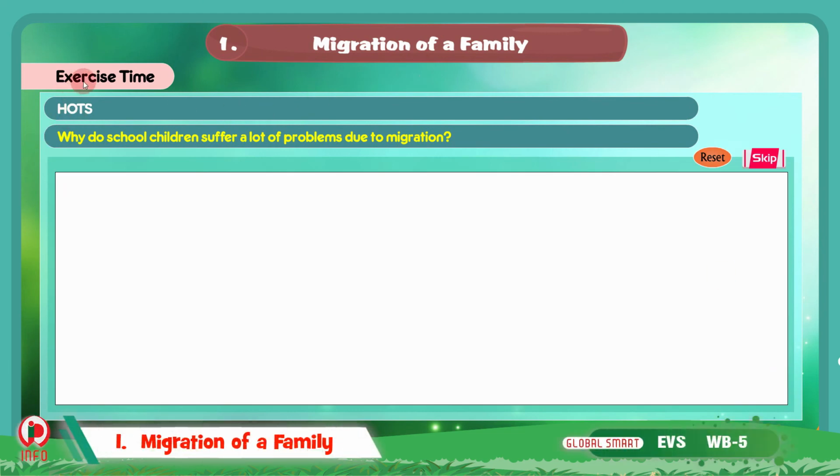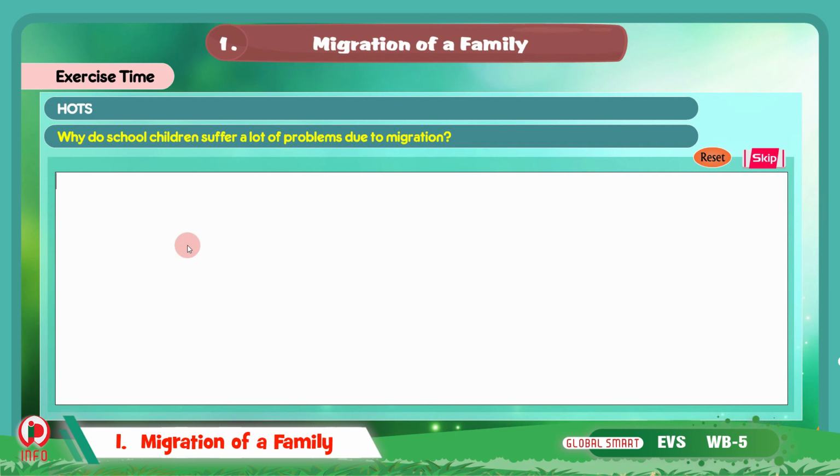Under HOTS in the exercise time, we have, why do school children suffer a lot of problems due to migration? School children usually go to one school in the place where they live. They get used to the teachers, they have friends from the school, and the surroundings and people are familiar to them.